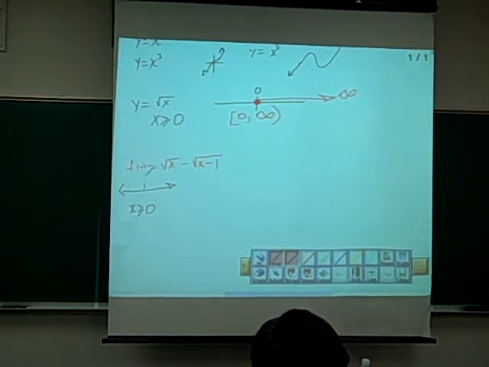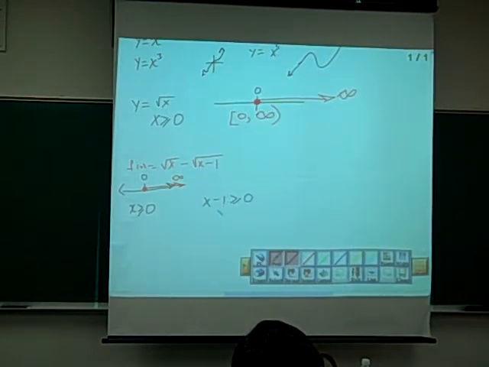Here's 0, and we know it's going to infinity. Now this one, x minus 1 is greater than or equal to 0. Solve for that, and we get x is greater than or equal to 1.